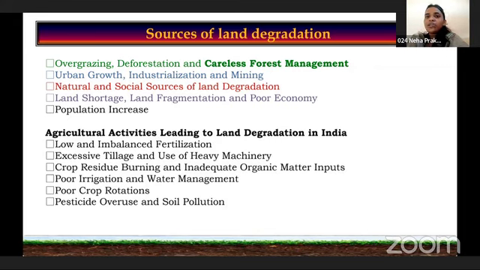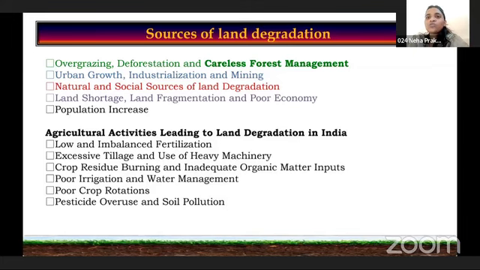That leads to degradation of the land. Another one is urban growth, industrialization, and mining. Many village areas are converted into urban growth and industrialization, so we are transferring our cultivated area into uncultivated area. That is a main important factor that leads to land degradation.